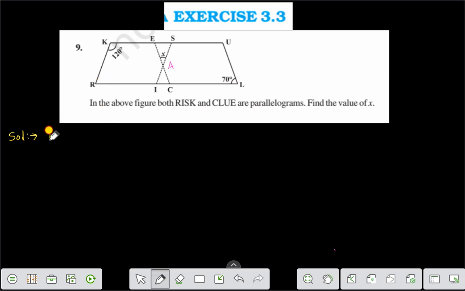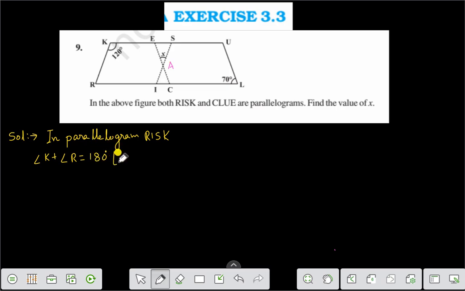In parallelogram RISK, angle K plus angle R is equal to 180 degrees.